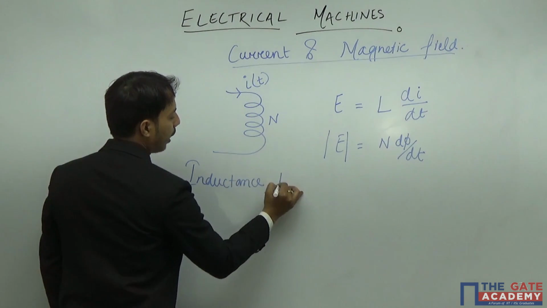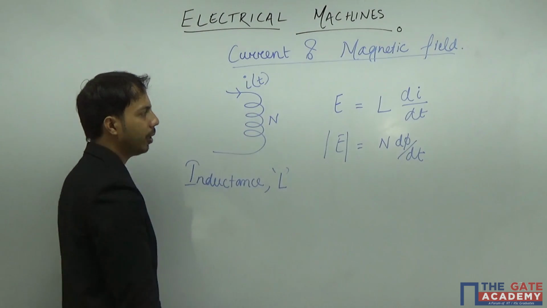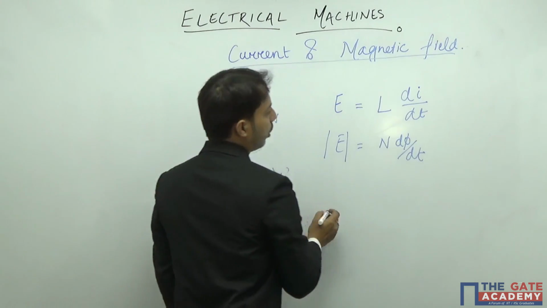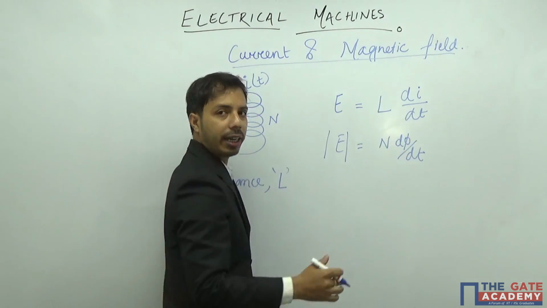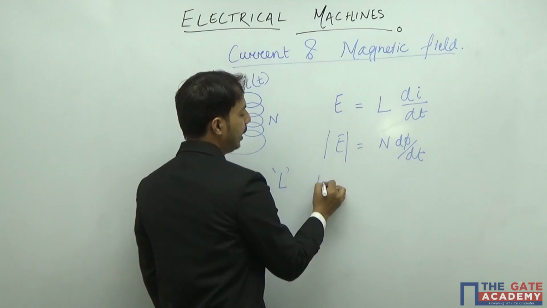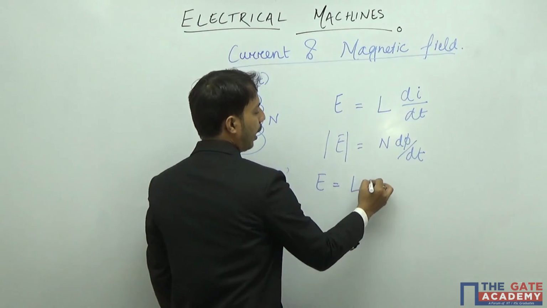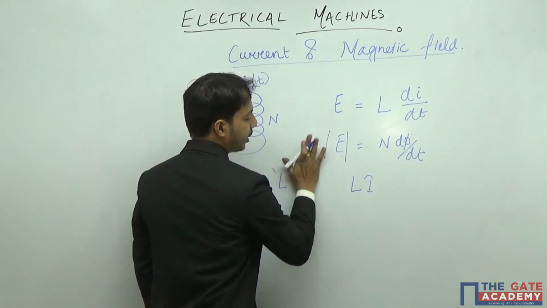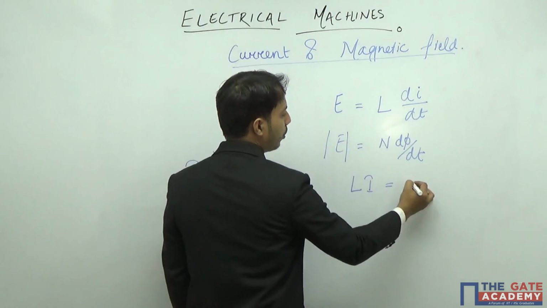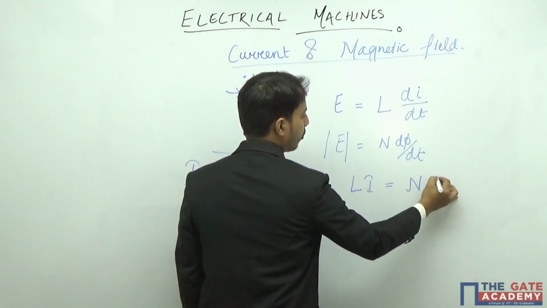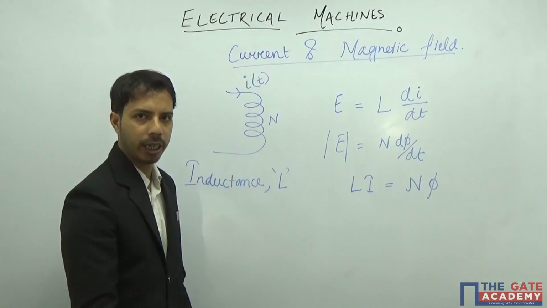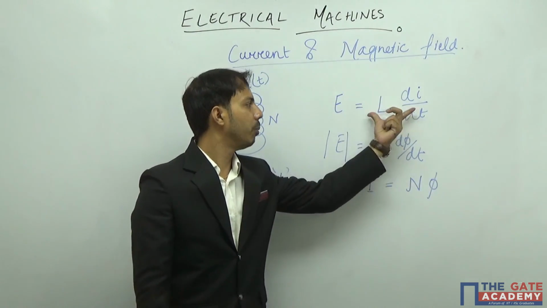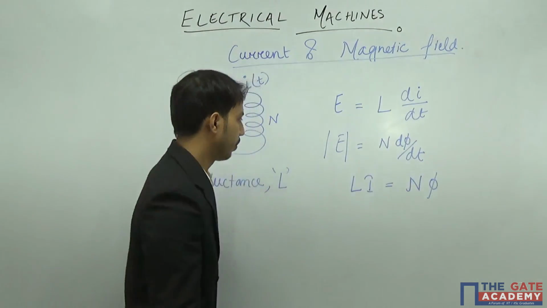So inductance is given by L. Now I can equate both of them, and by integrating, E is equal to Li, and after integration Li is equal to Nφ. That means I am equating these two and then integrating.